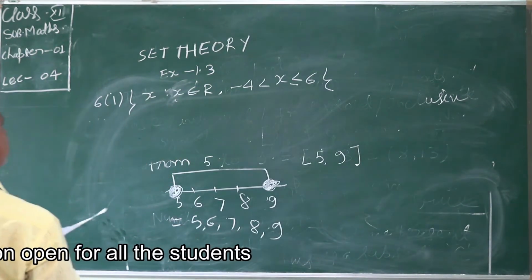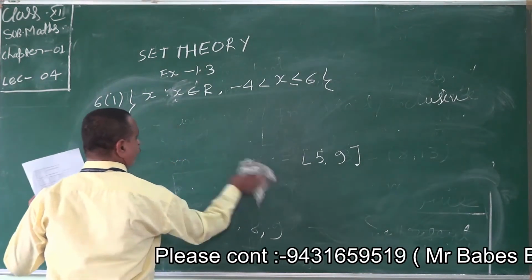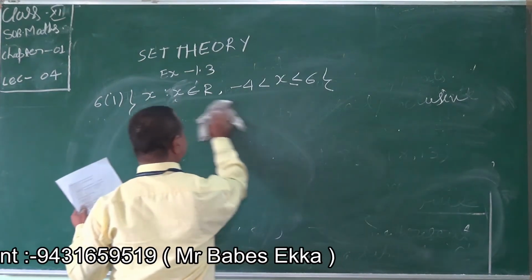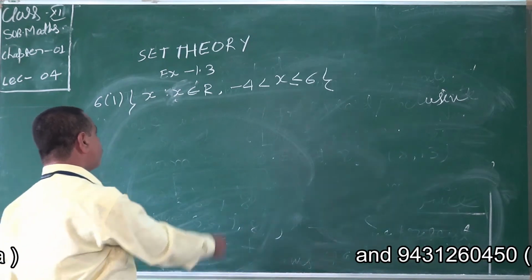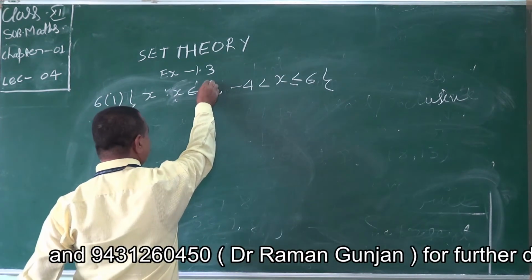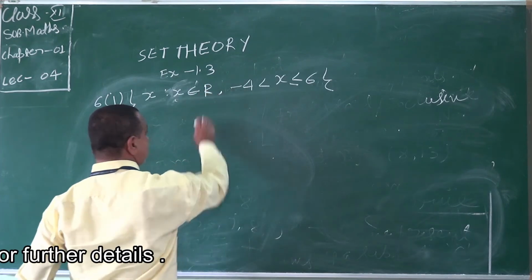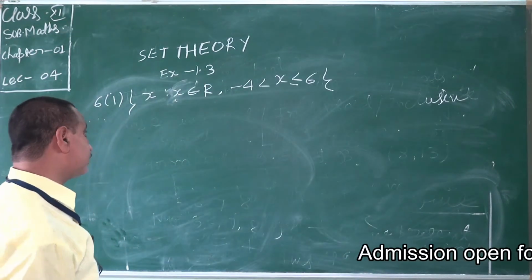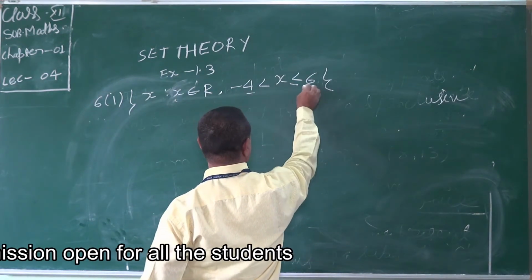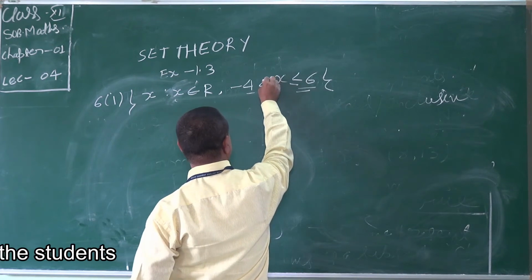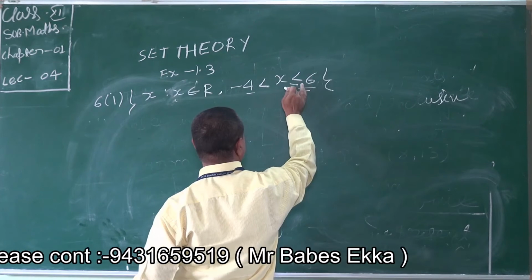Write as interval. So how do you write interval? What do these symbols represent? You have given x such that x belongs to R. R, you know, in lower classes you are familiar with R. R is the symbol of real numbers, and our x lies between -4 and 6. Here it is given only less than, and here it is given less than or equal to.